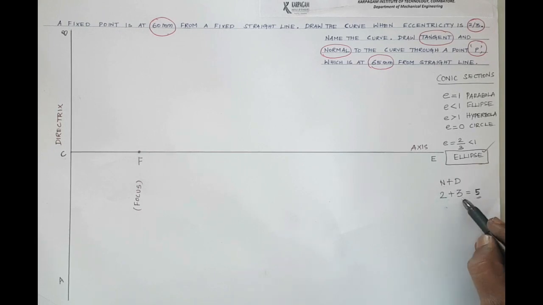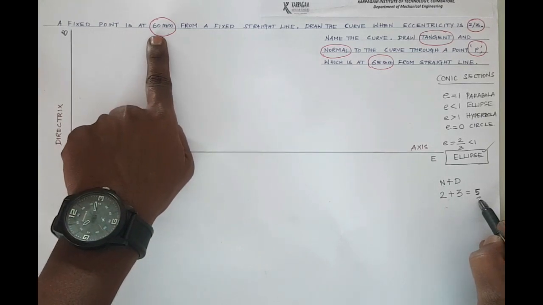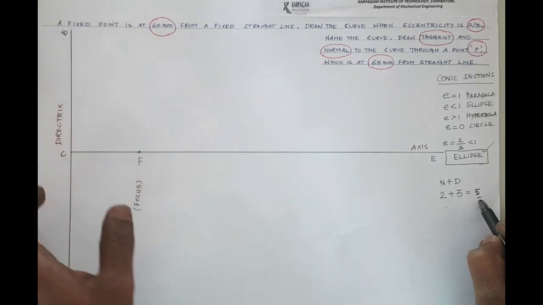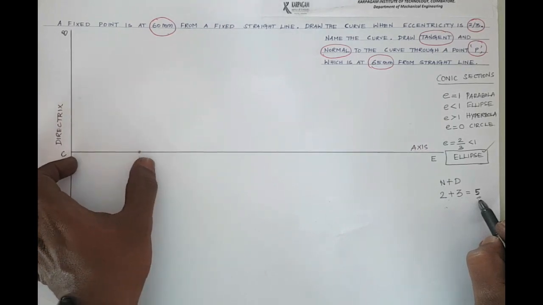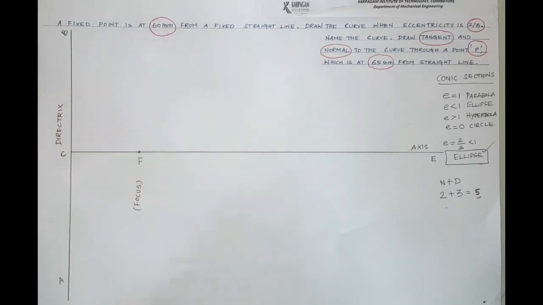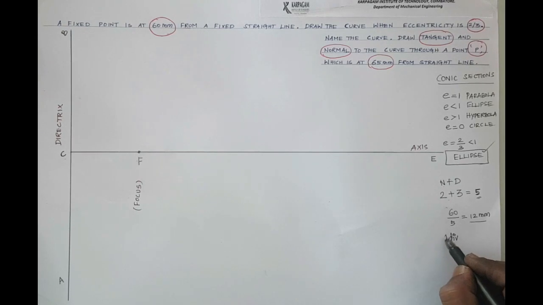Add the numerator and the denominator, it gives 5. So I want to divide this 60 mm distance, which is the distance between the directrix and the focus, into 5 equal parts. 60 divided by 5 is equal to 12 mm. So one division is equal to 12 mm here.